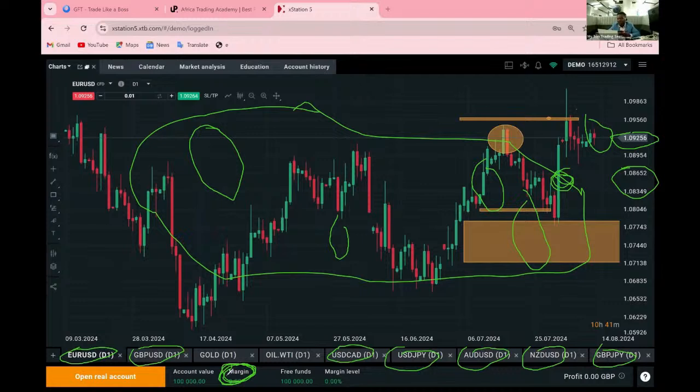So when you have like 500, you could use maybe a percentage of the 500 to place this trade, buy or sell. That particular amount you use will be known as margin.